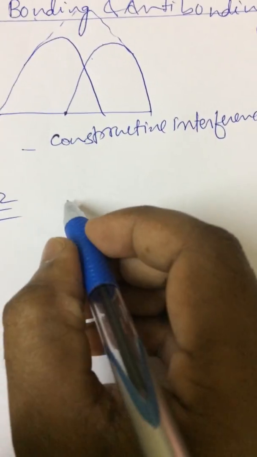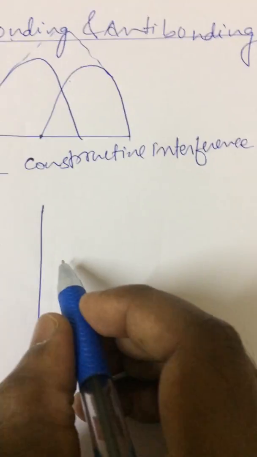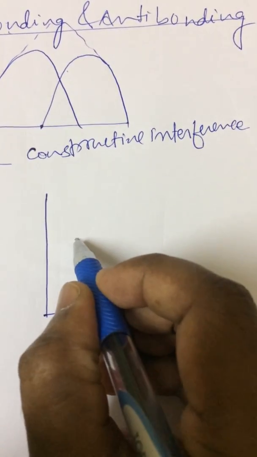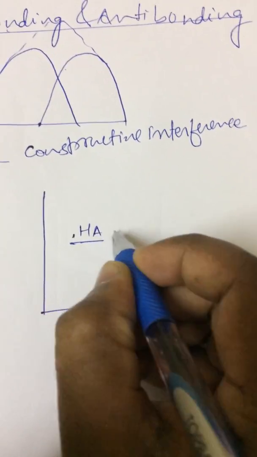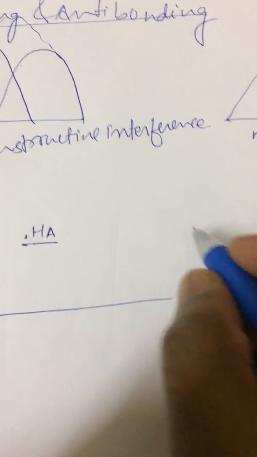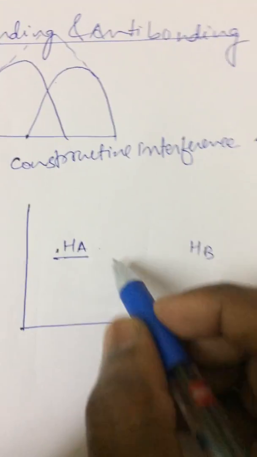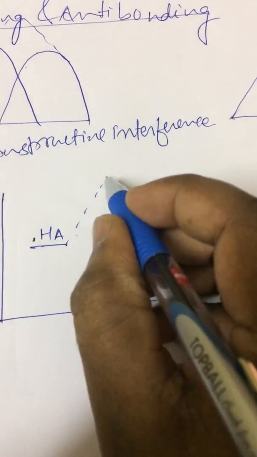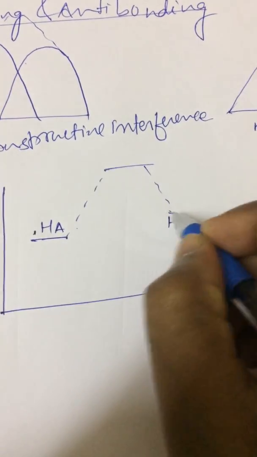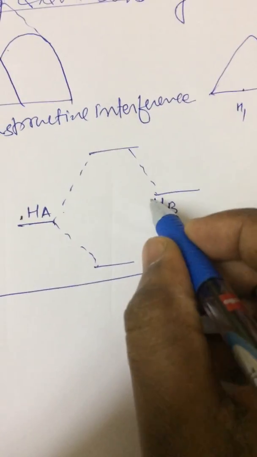So for the hydrogen case, the orbitals of the HA and HB atoms should be the same, and this is antibonding and this is bonding.